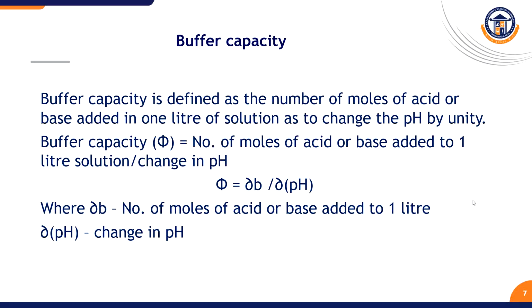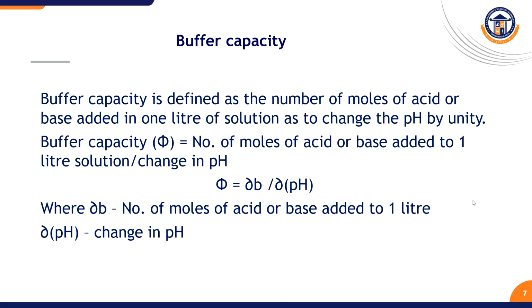Buffer capacity is defined as the number of moles of acid or base added to 1 liter of solution to change the pH by unity. That means the pH is increased or decreased by one unit, for example 5 to 6 or 5 to 4, and likewise 10 to 11 or 10 to 9.